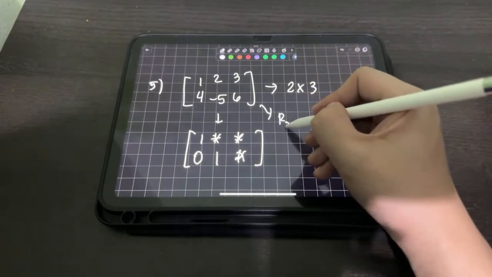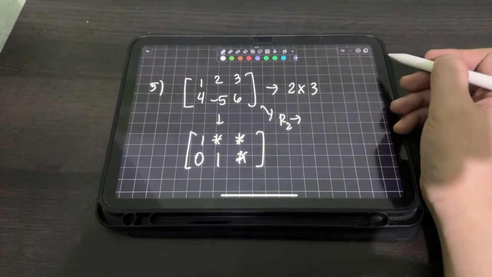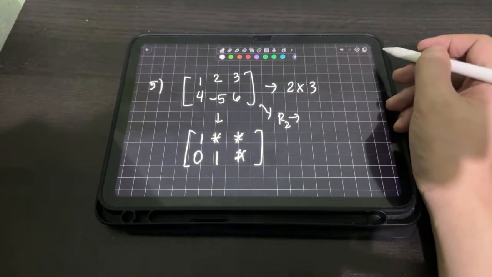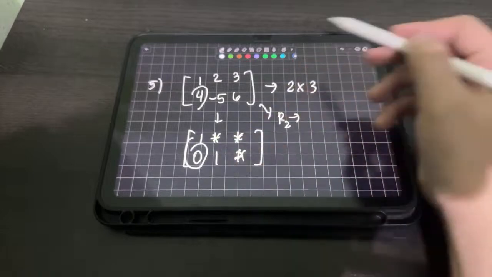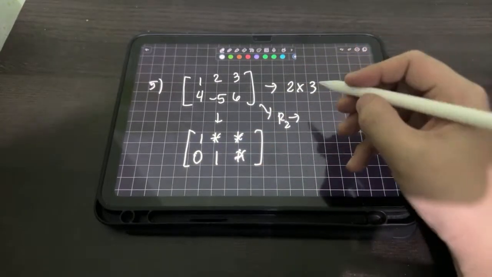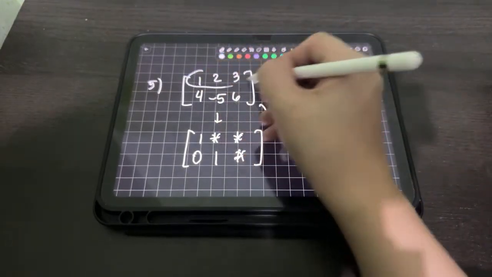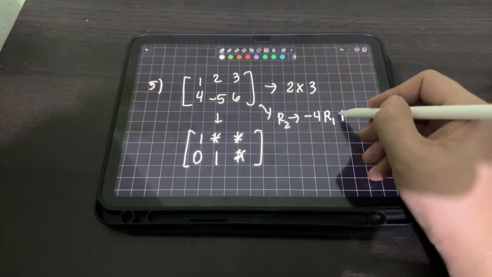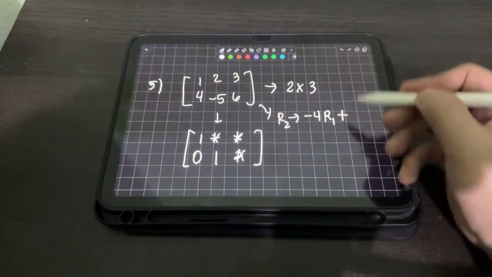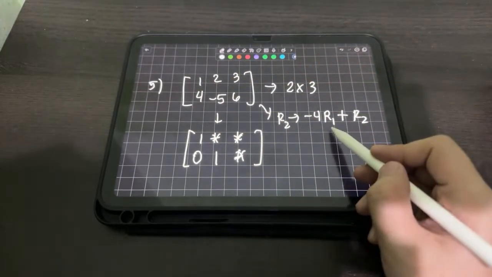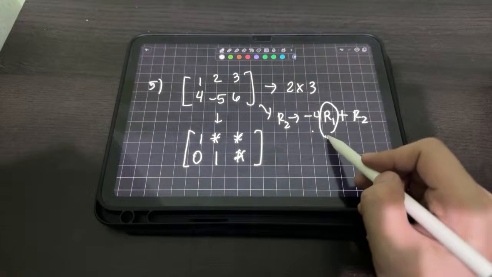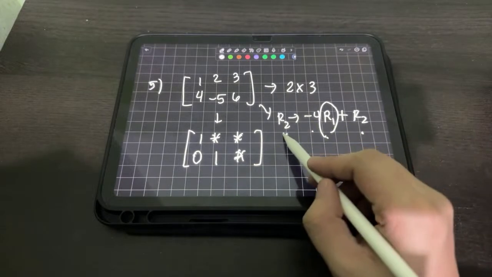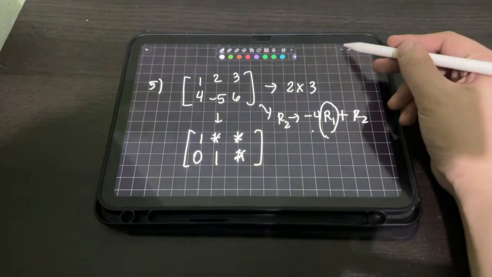The new row 2 is equivalent to making this 4 a 0. We can multiply -4 times R1 plus R2. We add the -4 multiple of R1 with R2 to create the new form of R2.